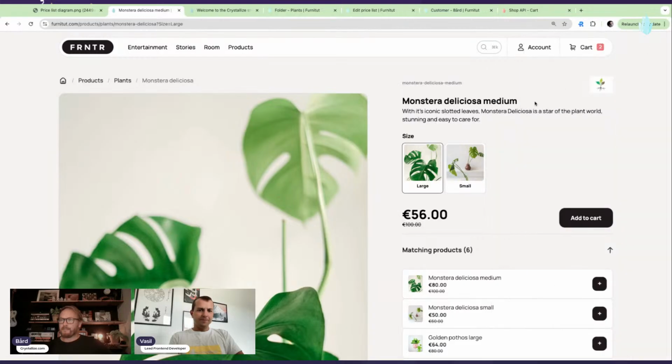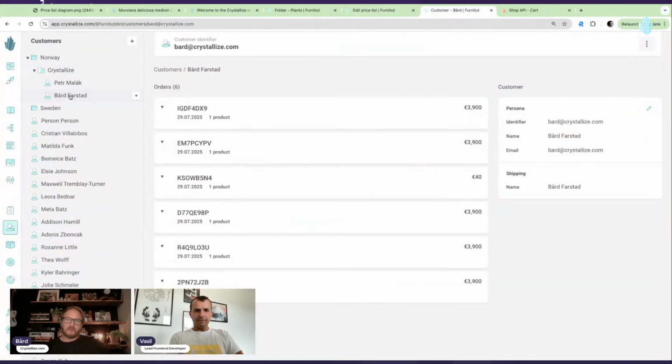Yeah. But we can do it even more specific, right? Because I'm logged in with this user, customer, and I'm part of the Norway customer group and Crystallize organization. Typically for B2B, you want to assign a price to a specific customer. So this is a customer agreement, right? Customer agreements in terms of lowering the price.